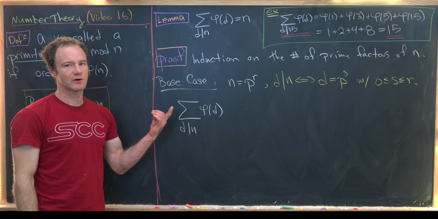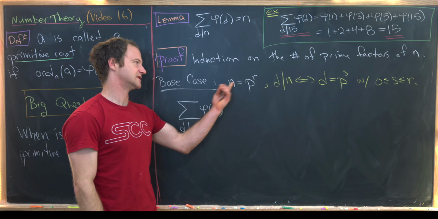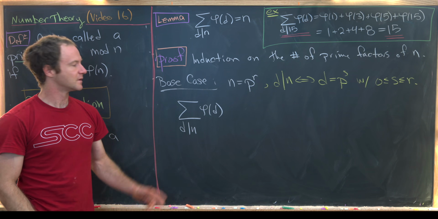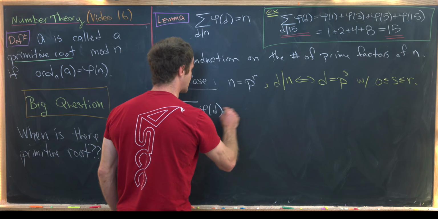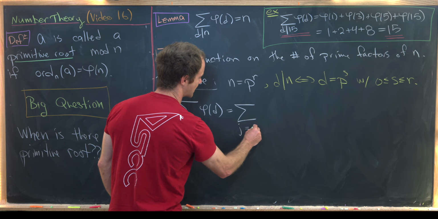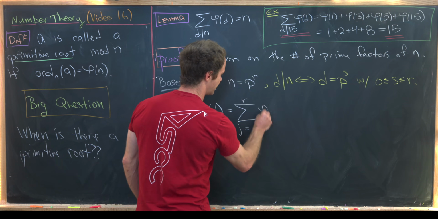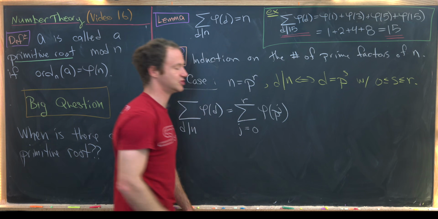So if it's equal to 0, that's the divisor 1. If it's equal to r, that's the divisor which is the whole thing. Okay, but that means we can rewrite this as a sum as j goes from 0 all the way up to r of phi of p to the j.